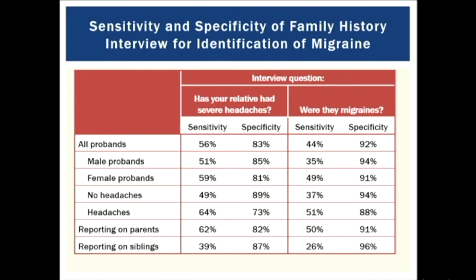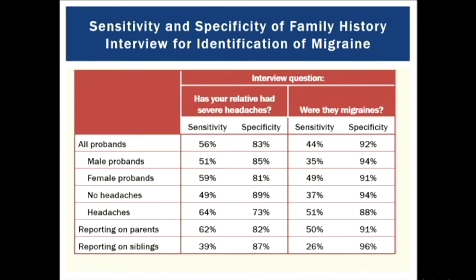And this is really a problem, because you see a huge number of relatives who don't have the disorder. So a little difference in specificity can have a big impact on the findings. So they had higher sensitivity, but lower specificity. And people reporting on their parents had higher sensitivity than those reporting on their siblings.